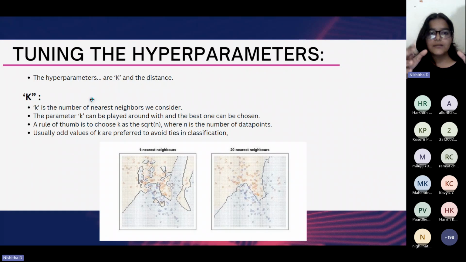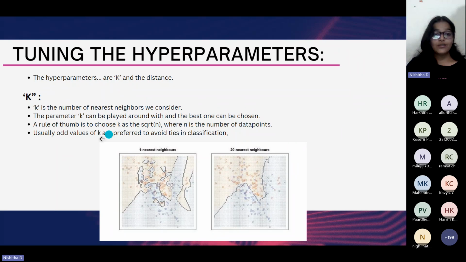So k is nothing but the number of nearest neighbors, or nearest data points, we choose to consider for predicting the output. You can obviously play around with different values of k, and the most optimal one can be chosen. But typically there's a rule of thumb to choose k as the square root of n, where n is the number of data points.